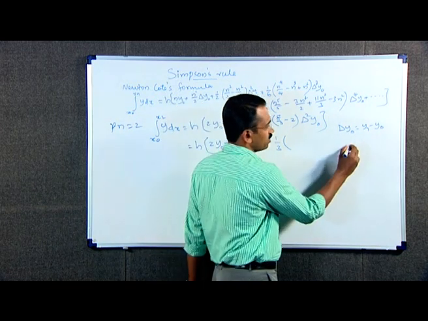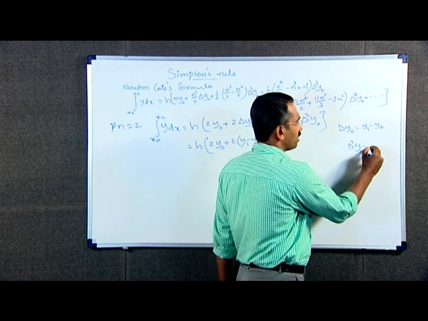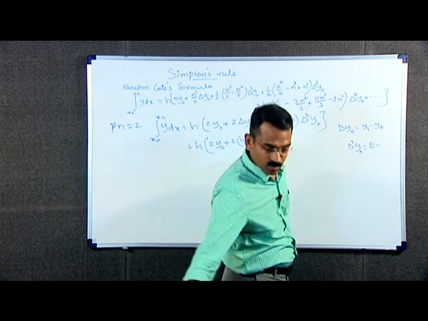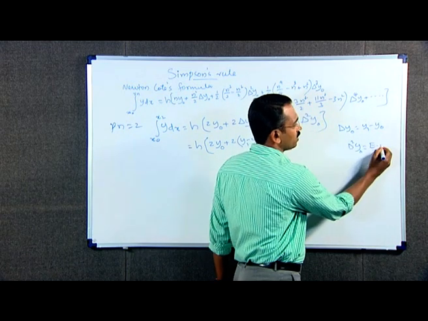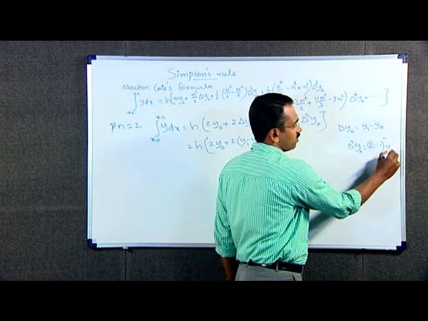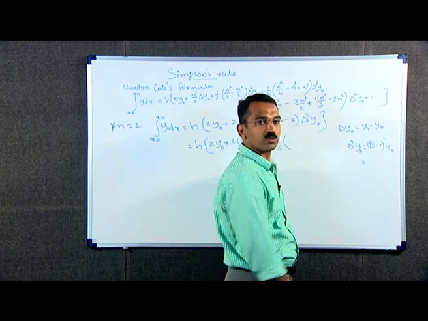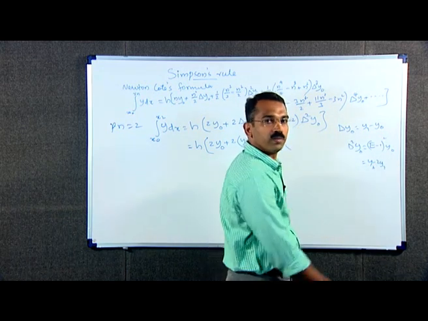Delta square y0 means delta is E minus 1, where E is the shift operator, (E minus 1) square y0, that is equal to, on expansion, y2 minus 2 y1 plus y0.